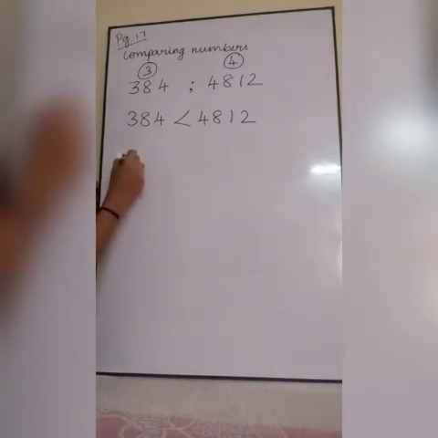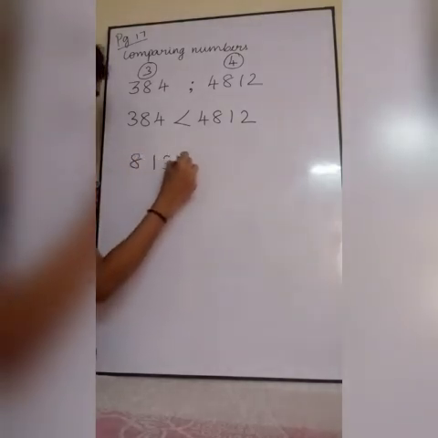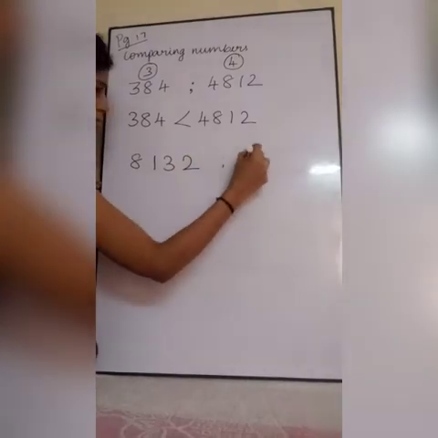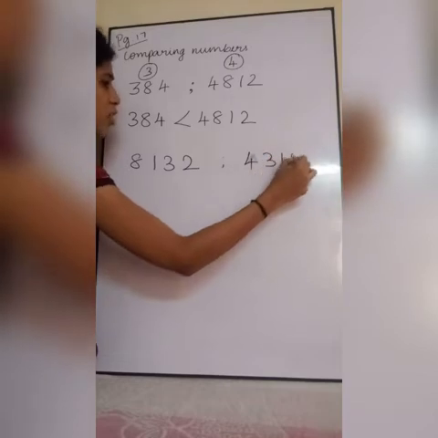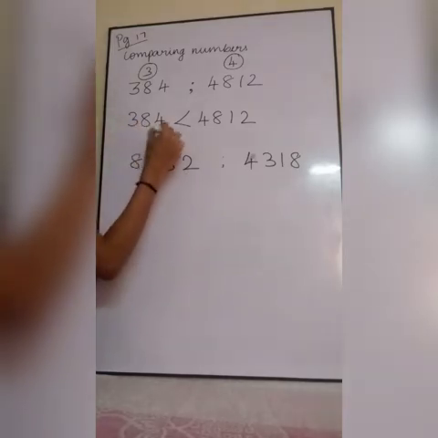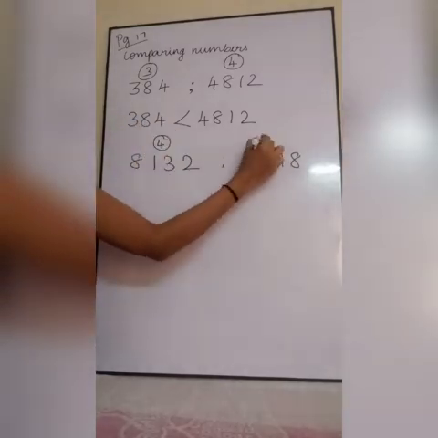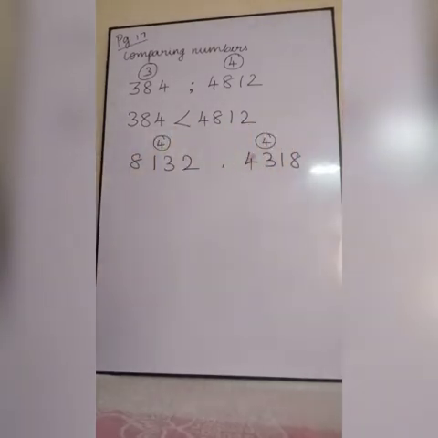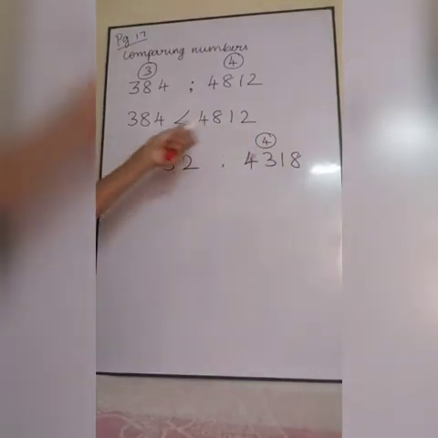Next, listen. These are two numbers. Now, first what I told you, we should count the number of digits. So 1, 2, 3, 4. 1, 2, 3, 4. So both the numbers have the same number of digits.